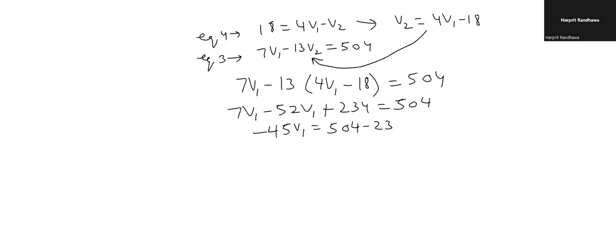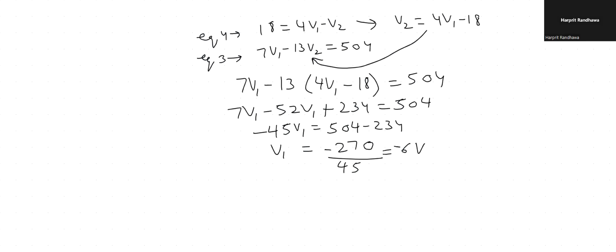That gives 504 minus 234 equals 270, equal to minus 45 V1. So dividing 270 by minus 45 gives 6 volt. So we got V1 as minus 6 volt.